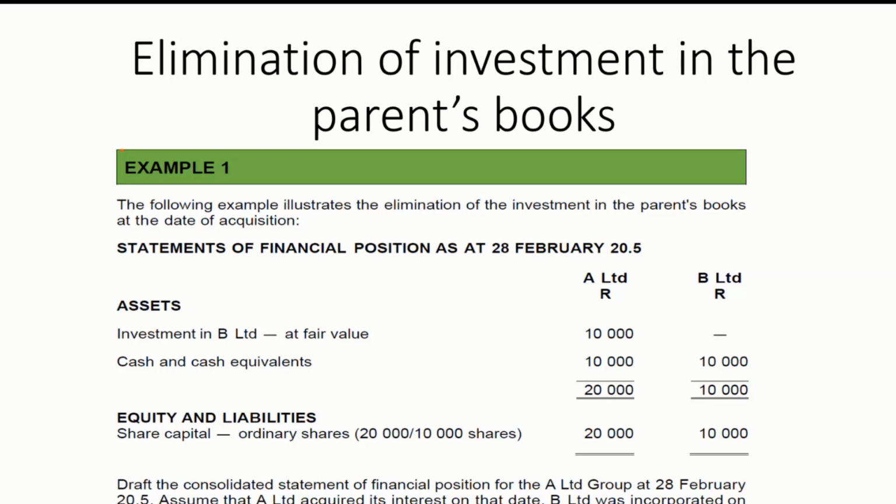Under equity and liabilities, we took the 20,000 share capital of the parent company. Then it's going to balance assets and liabilities. It's going to be 20,000, both of them. Therefore, we will find out what percentage the parent has invested in the subsidiary. Good. You are there.